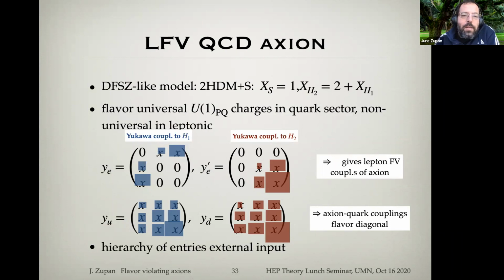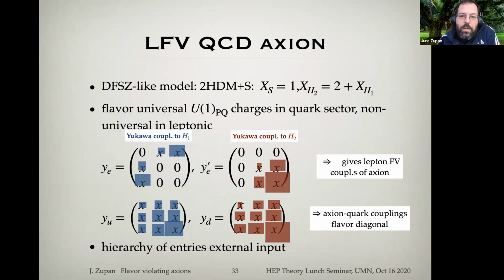It's the DFSZ-like model where you have flavor charges. The U(1) PQ is flavor sensitive, so you charge non-universally in the leptonic sector.